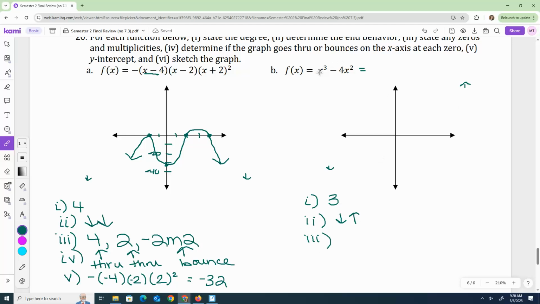Alright, zeros. So if we look at this, we could factor out an x squared. So if we set each of those equal to 0, just the plain x in front is 0, but because it's squared, the multiplicity is 2. And if you set x minus 4 equal to 0, you get 4.